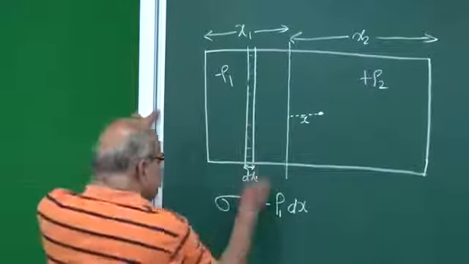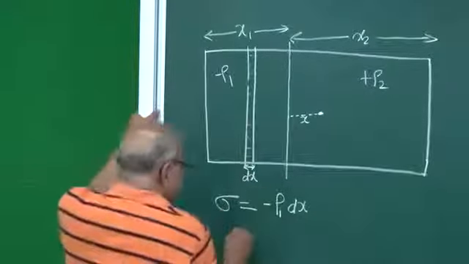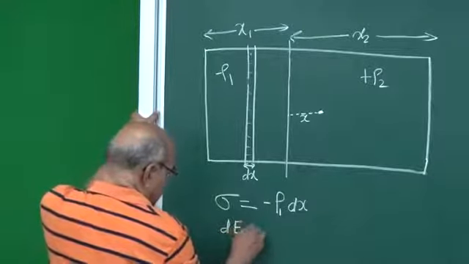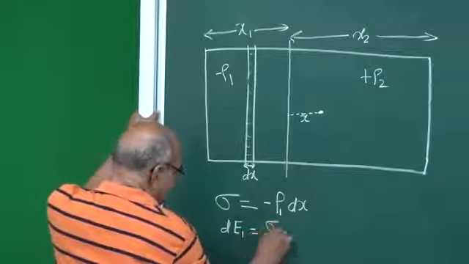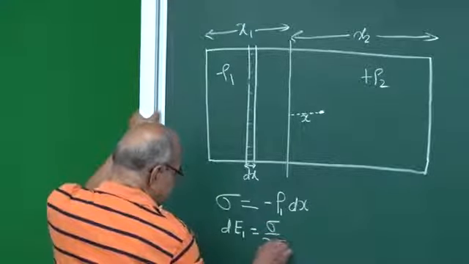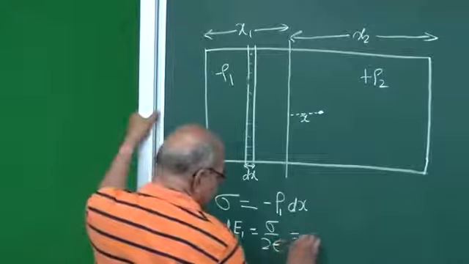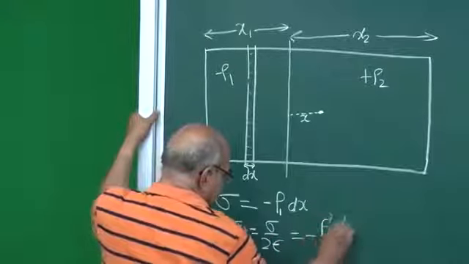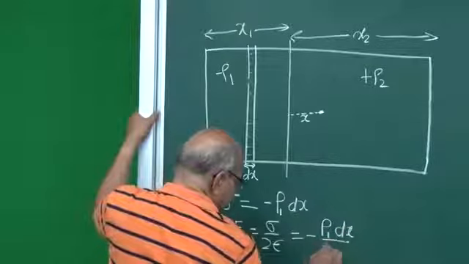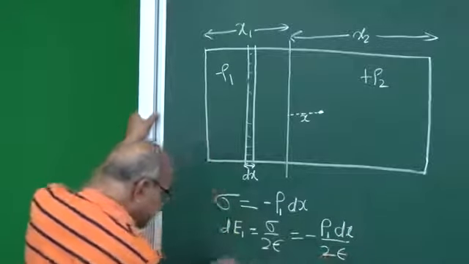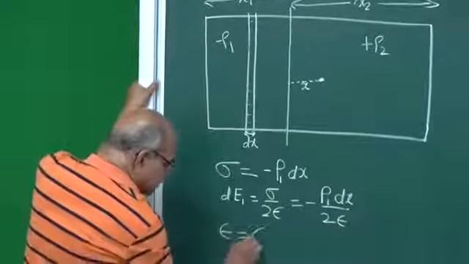And so the electric field due to this will be dE1, which is sigma over 2 epsilon, that is minus rho 1 dx over 2 epsilon, and this epsilon is epsilon naught times k, and this k is the dielectric constant.